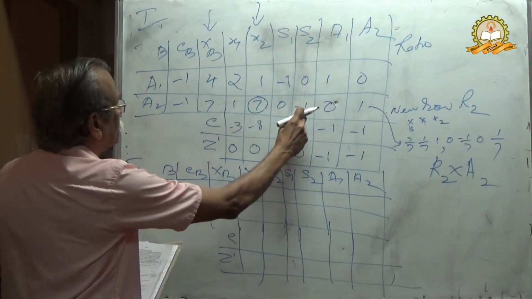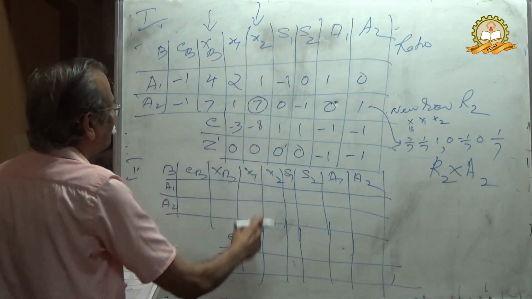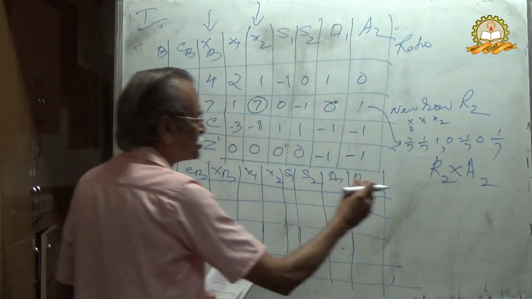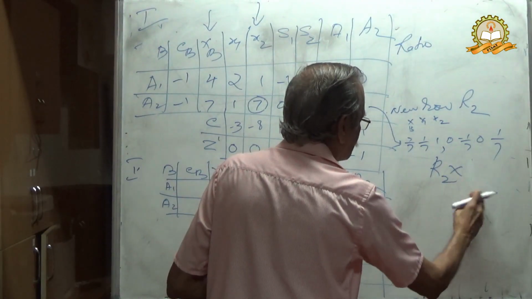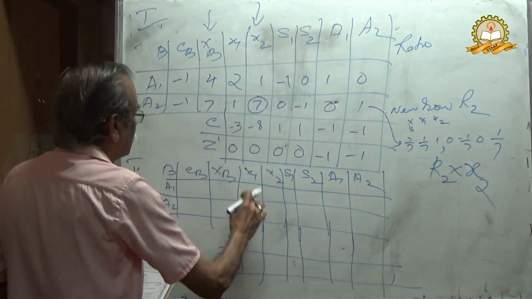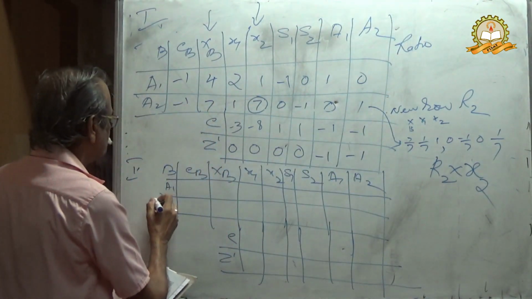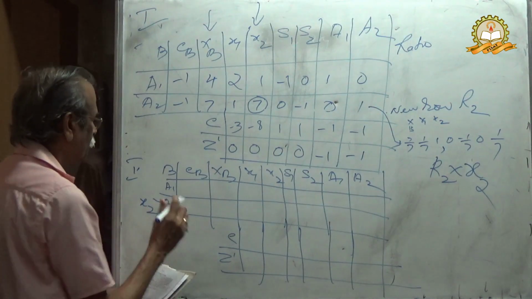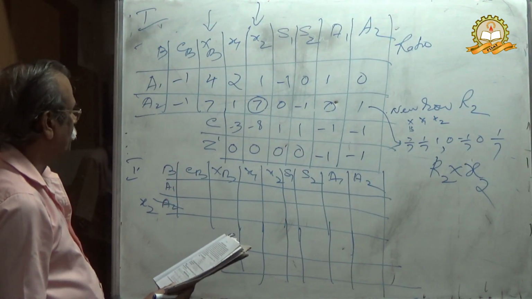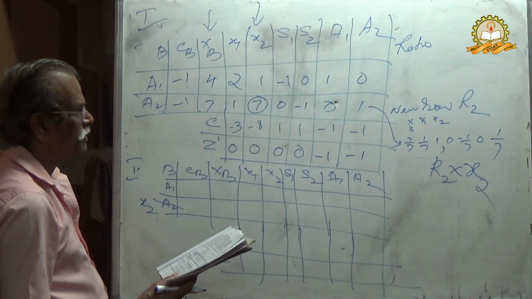Row R2 intersects with X2. That is this number. The X2 column and A2 interchange. Therefore, A2 becomes X2. R2 intersects with column X2.